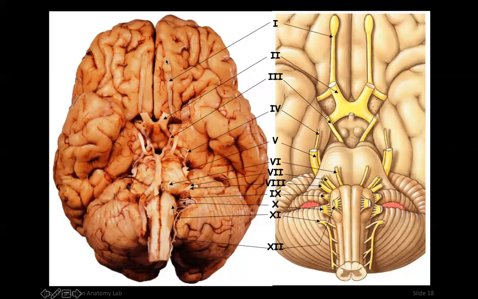So again, 1, this antenna up here. 2 is the X marks the spot. 3 is this spaghetti noodle right here. 4, this little spindly one off of the side of the midbrain. 5, this big nerve off the side of the pons. 6, a spindly one that starts the count down the side of the medulla. 7 and 8, also at that pons medulla junction. 9 and 10, tangled together on the side of the medulla. 11, off of the sides of the spinal cord. And then number 12, make a jump up onto the surface of the medulla on that ventral side.